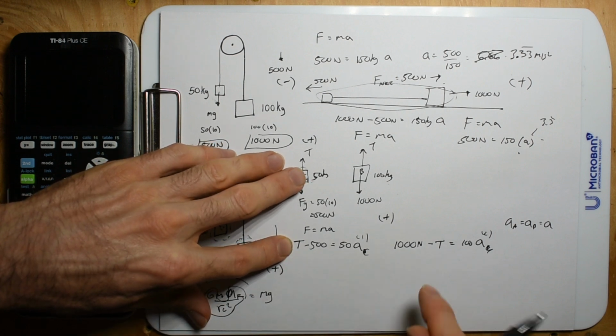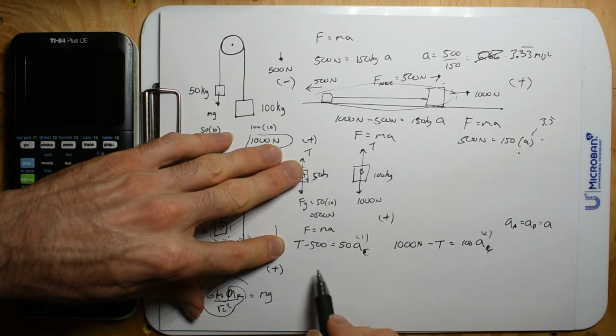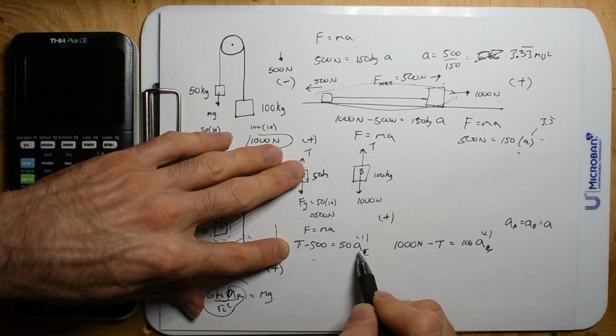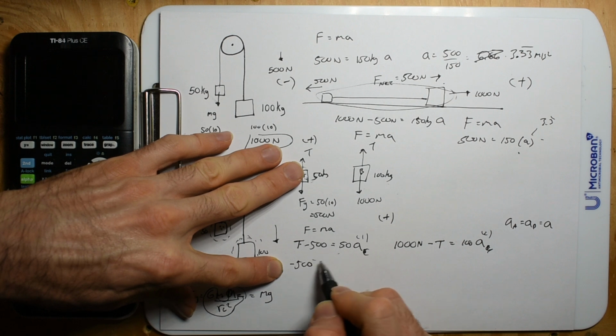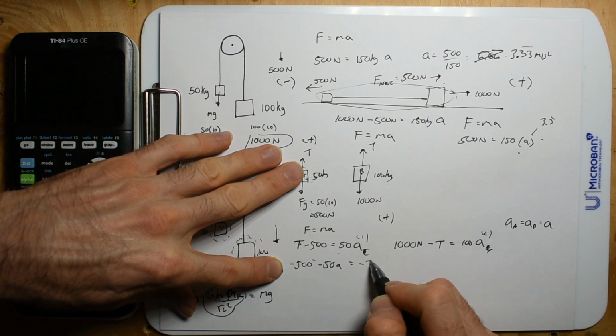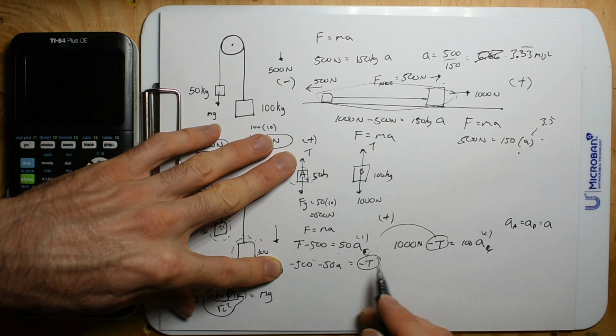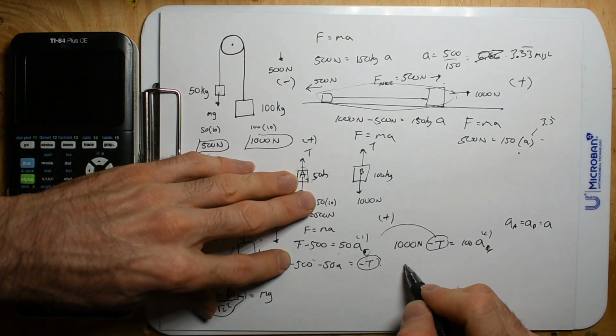There are a couple of ways to do it. There's a negative T over here, so you can do this in a creative way. Maybe I'll solve for negative T. I'm going to bring T over here and this 50a, so I get negative 500 minus 50a is equal to negative T. I can throw that right into the other equation so I don't have to do too many steps.